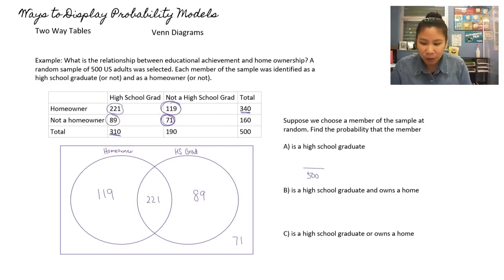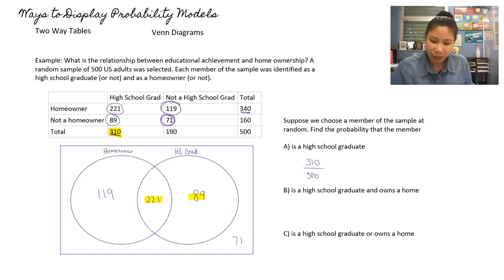So we got 500 people to look at. So out of 500, the number of them who are high school graduates, there were 310. And I can find that either by looking at my two-way table, or by adding those two together in the Venn diagram. Cool. And again, like we said, decimal, fraction, reduced or unreduced, or a percent, all of those answers are good. I already have a fraction set up. I don't care whether it's reduced or not, so that's my answer.